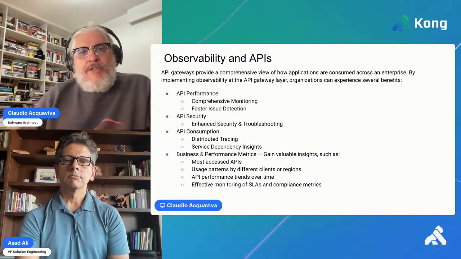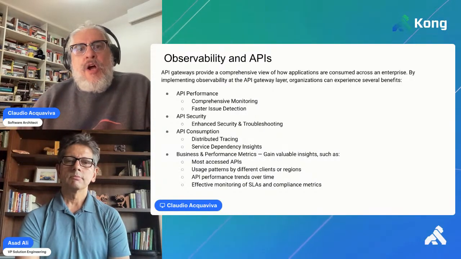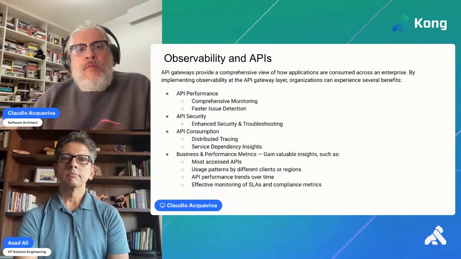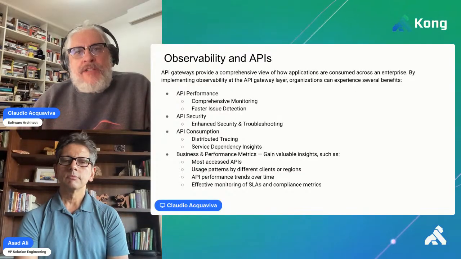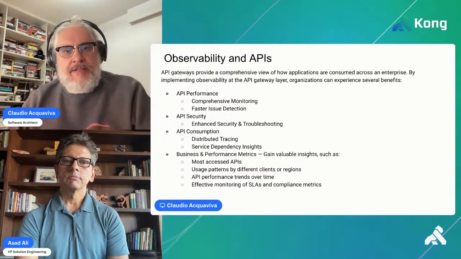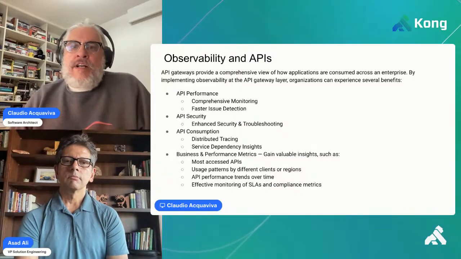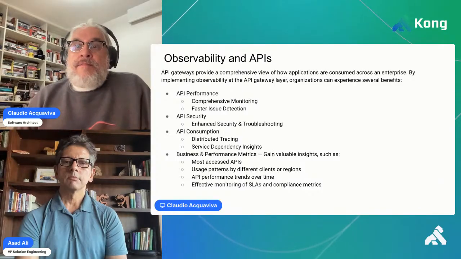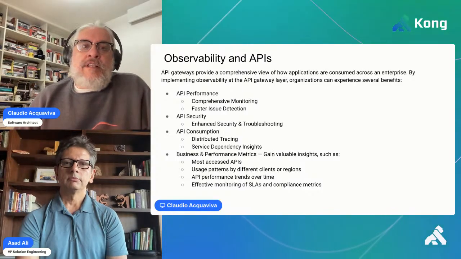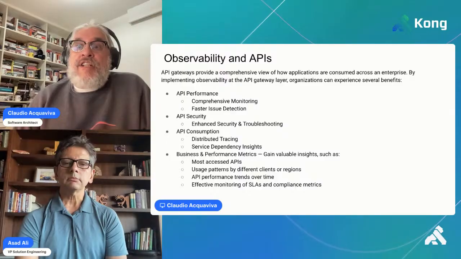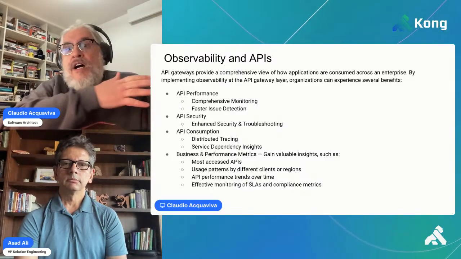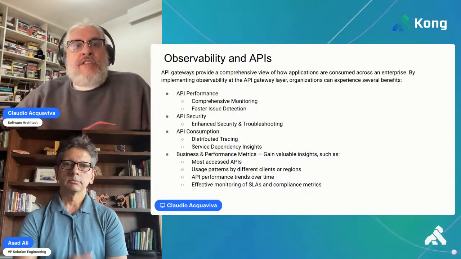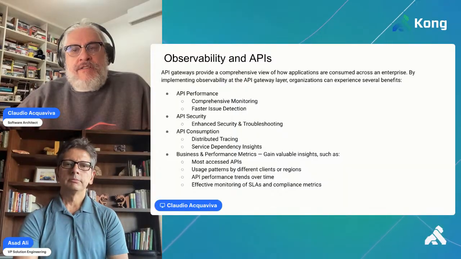And then I just wanted to talk a little bit about when we start applying observability processes at the API gateway layer. As you might know, API gateways in general serve as a central point for managing and routing traffic across, in theory, all applications and services you have in your organization.